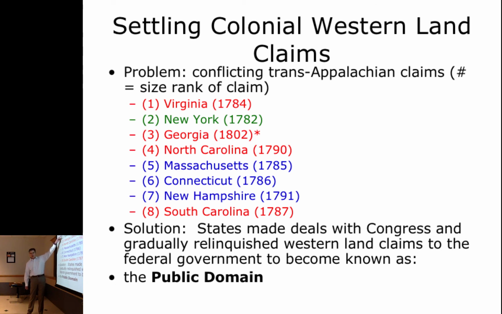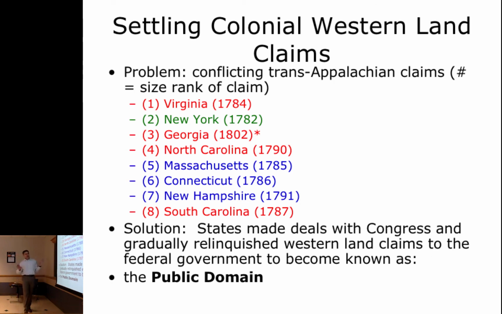Thomas Jefferson wrote on the geography of Virginia, but he was really writing about the geography of the entire United States. New York claimed a large portion of the West, and the dates that you see here are the dates in which those Western land claims were resolved or relinquished.